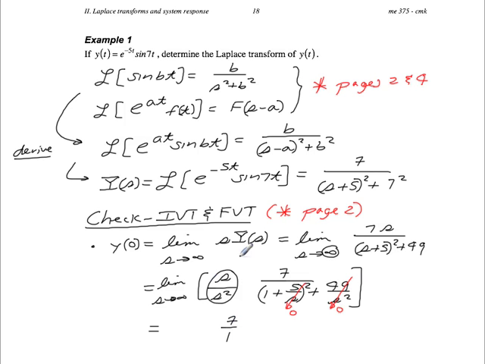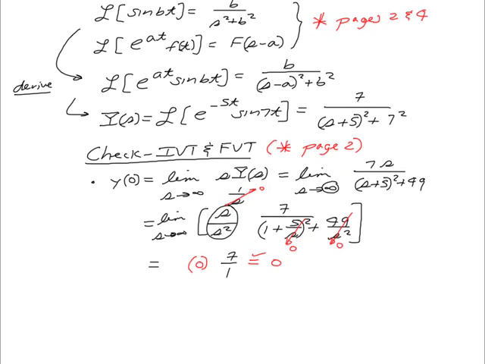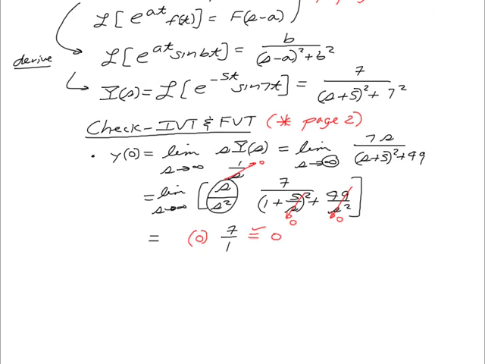This becomes a 1 over s, which goes to 0. So it's 0 times that, so it's 0. It checks out. We know that the exponential times the sine truly starts at 0. We didn't prove anything profound here, but we just made sure that our result makes sense.